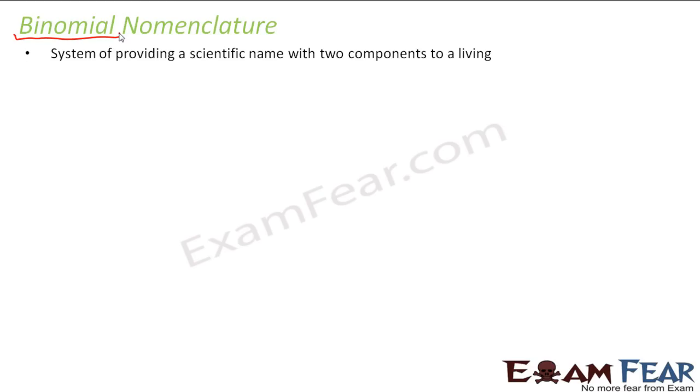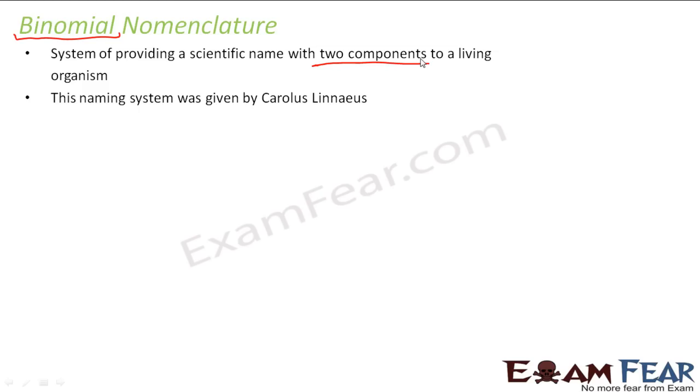It is a system of providing a scientific name with two components to a living organism. So what kind of name do we give to a living organism? Nomenclature is the system of naming. So what kind of name should be given? The name should consist of two components, and that is known as binomial nomenclature. And what do we call that name?